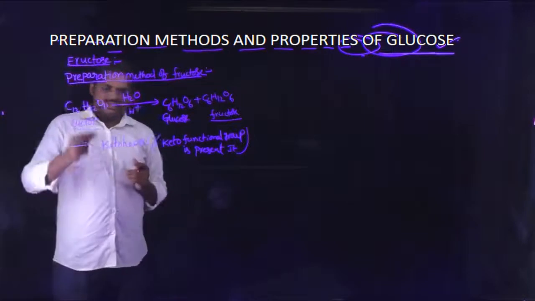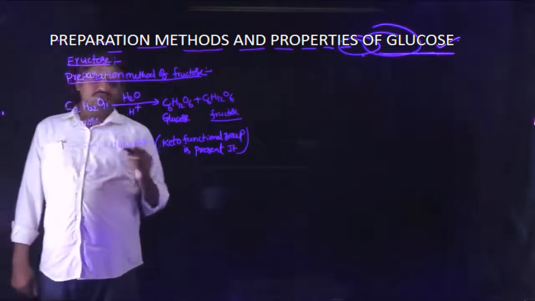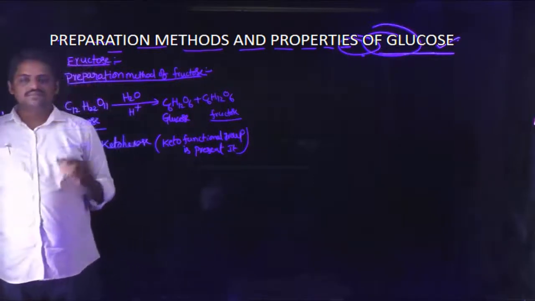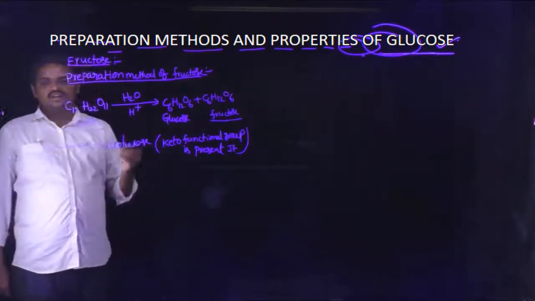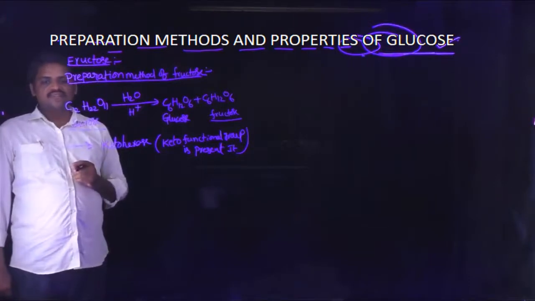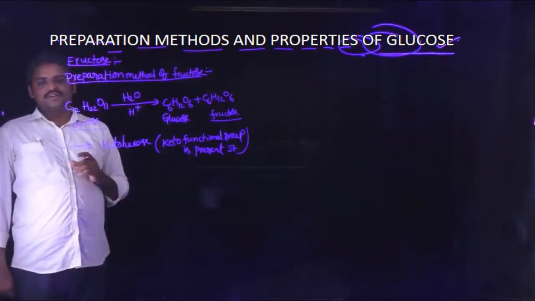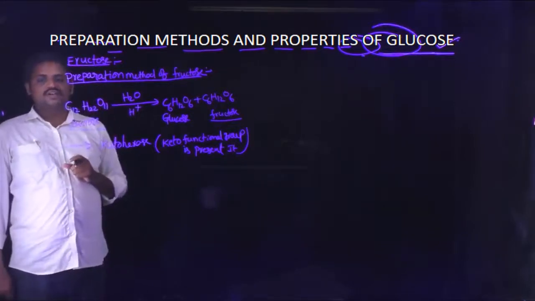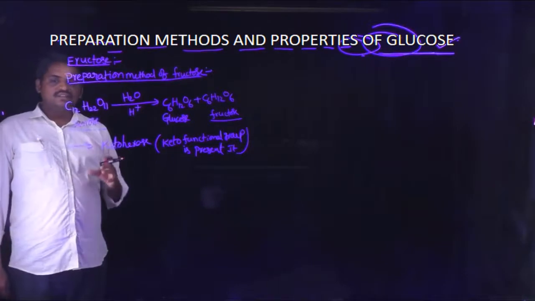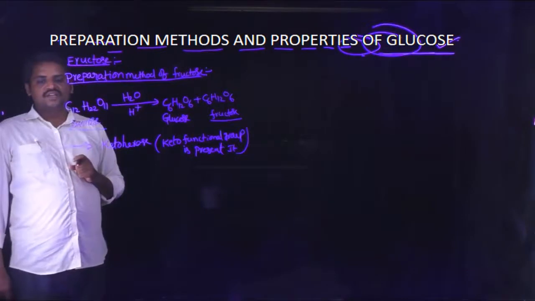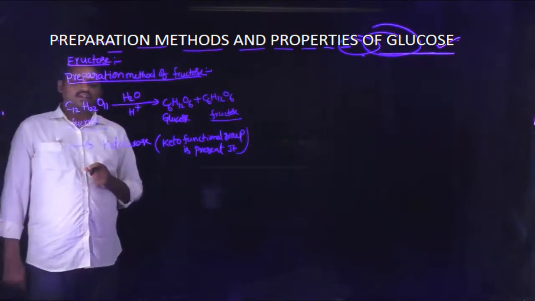But in the fructose structure, the first carbon is CH2OH to satisfy the carbon valency, and the second carbon contains the keto functional group, a double-bonded oxygen atom. The remaining three carbons have secondary hydroxyl groups, and the last carbon has a primary alcoholic group.